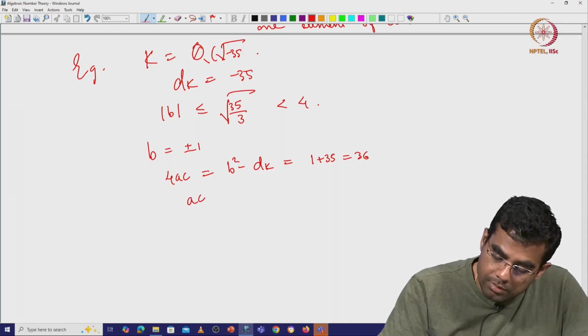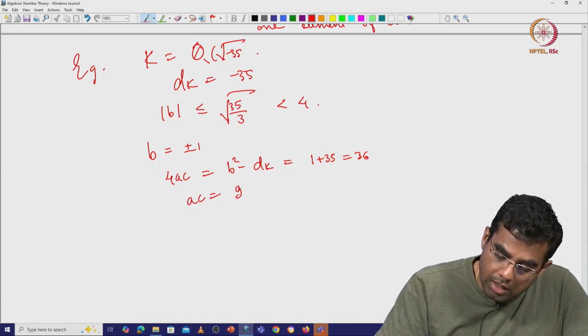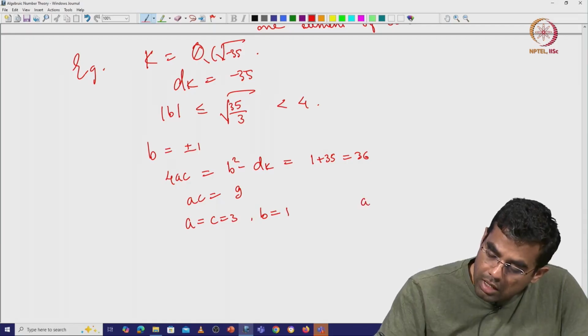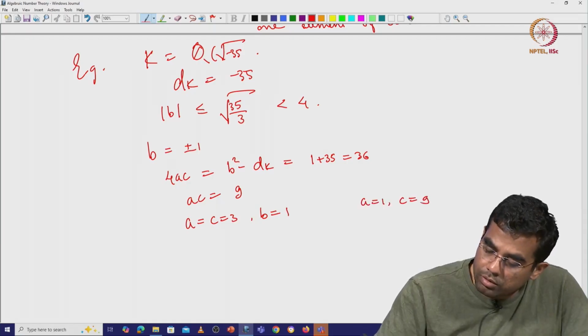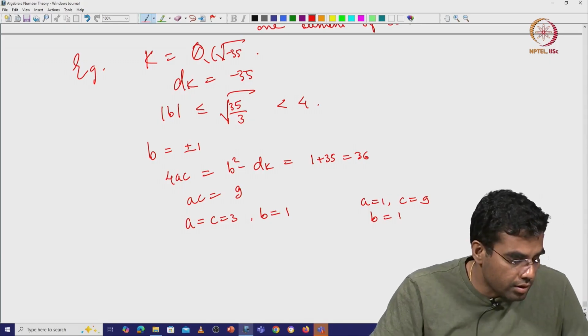And so ac is 9, which means that a is equal to c is equal to 3, in which case b has to be positive, or you get a is equal to 1, c is equal to 9, in which case again b has to be positive.